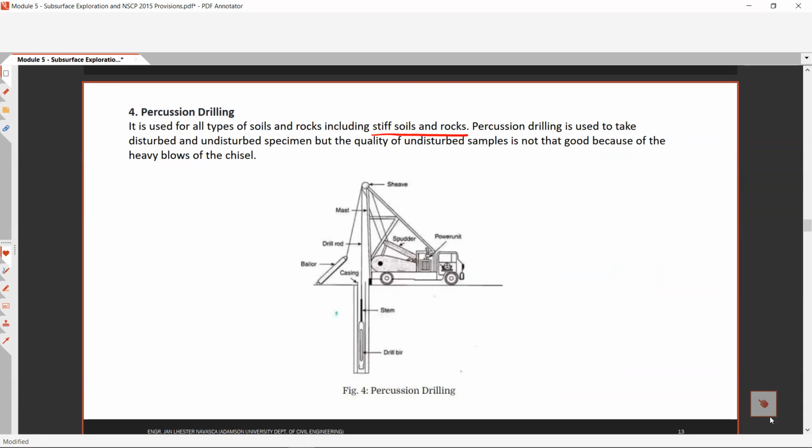Percussion drilling is used to take disturbed and undisturbed specimens, but the quality of the undisturbed samples is not that good because of the heavy blows of the chisel. So the vibration comes from the blows of the chisel.